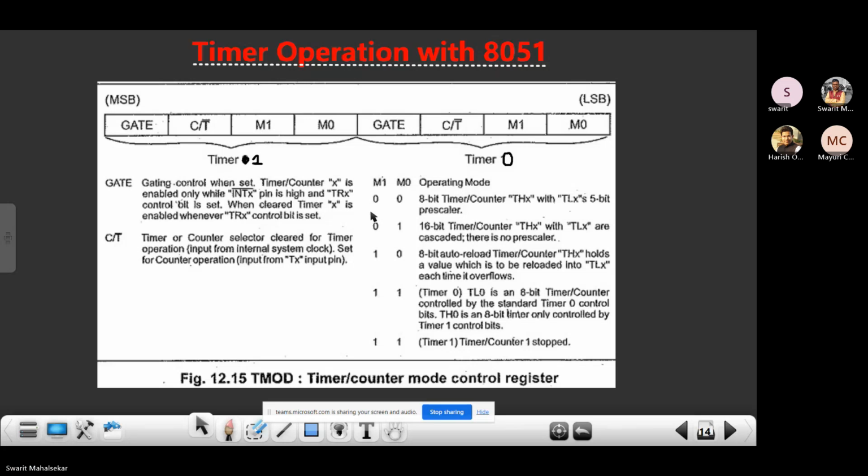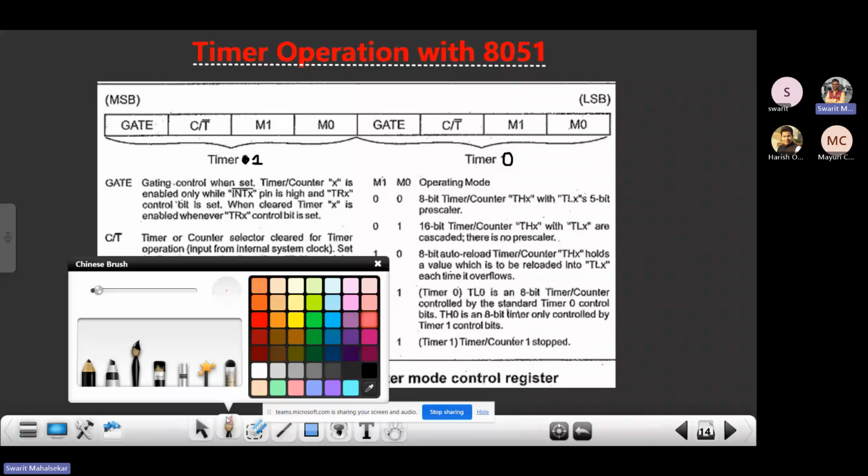So in 8051 we have one register. There is a difference between resistor and register. A resistor, R-E-S-I-S, is something which opposes the current, and a register, R-E-G-I-S-T-E-R, is something which is used to store certain data. It can be 1 bit, it can be 8 bits. You can clearly see over here, this is the TMOD register which is present inside the 8051 microcontroller.